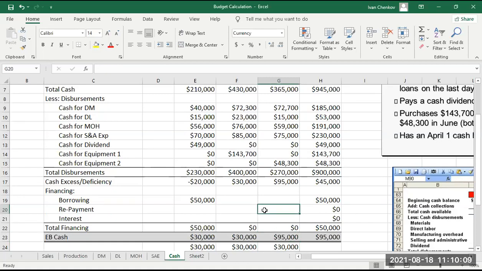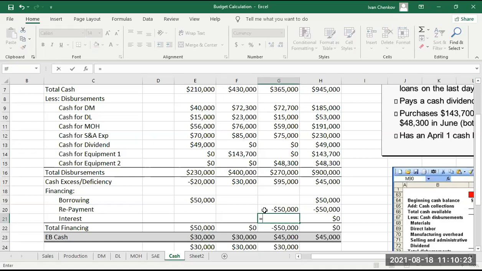Can I repay my borrowing? Obviously I can, right? So let's pay this 50,000 first. And second, I have to pay interest, which will be equal to that amount times, in brackets, 0.16 divided by 12, because 16% is annual interest.